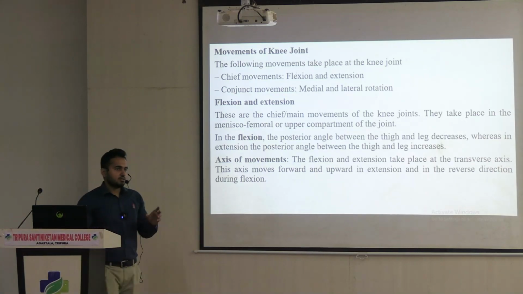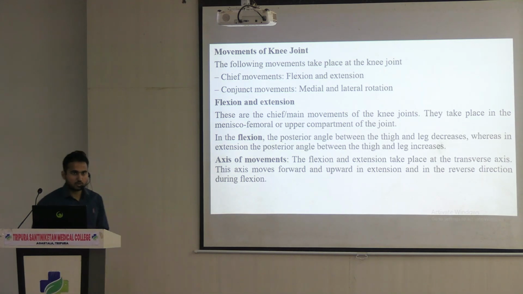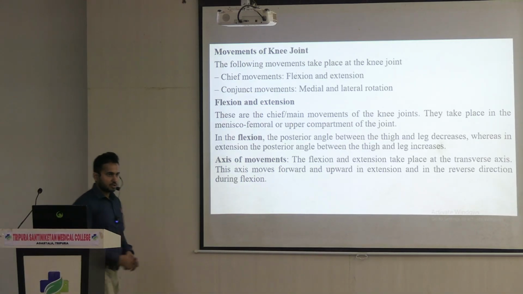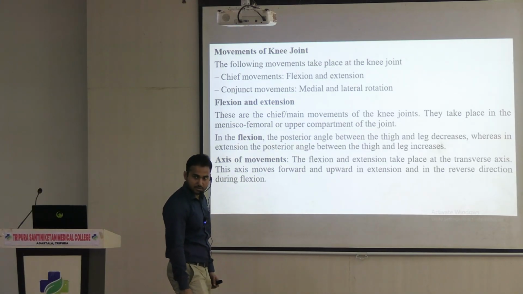If someone asks you, define flexion. Yes, very good. Same thing is taking place over here. That means in flexion, the posterior angle between the thigh and the leg decreases. See, the angle decreases. So this is the flexion of the knee joint.